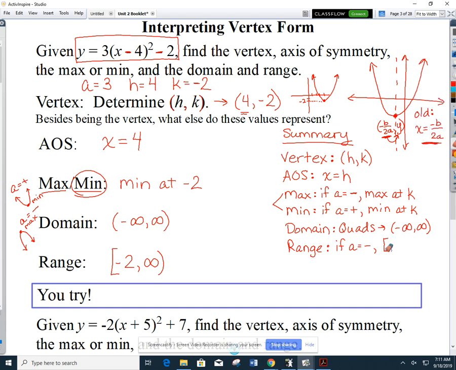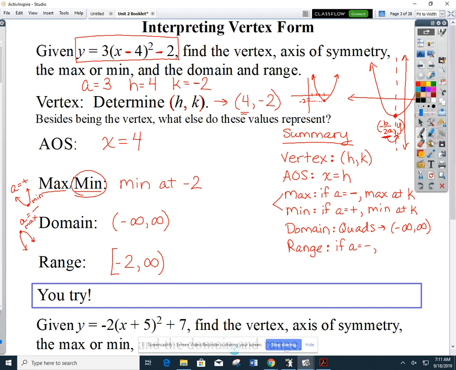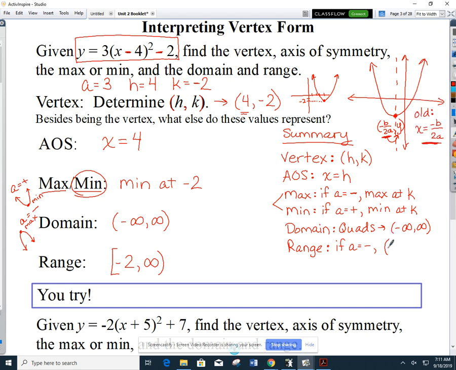So technically it should be written least to greatest, but if you wrote it as K to -infinity, I would totally understand what you meant. So -infinity to K, and then if A is a positive, the graph opens upward, so K is the lowest point. So it would go from K up forever to +infinity.